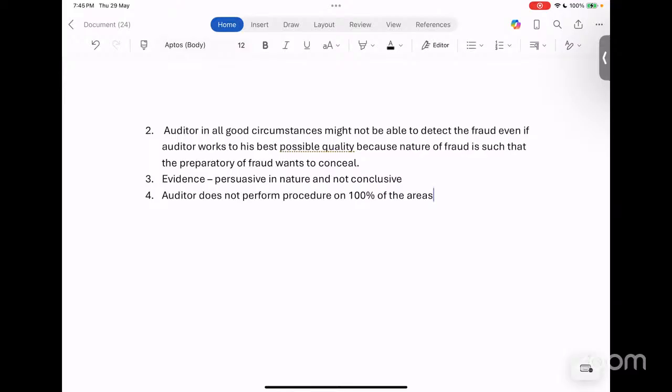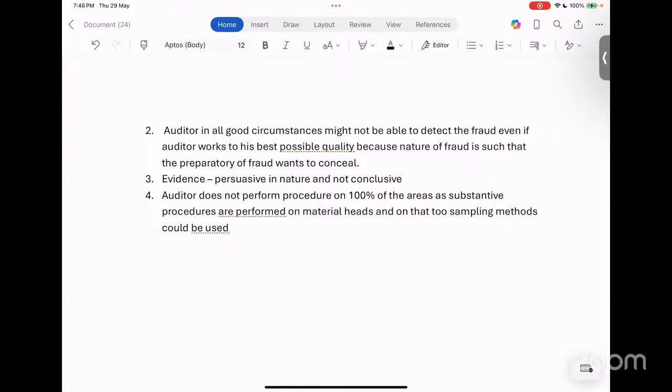Of course, it's done on a sampling basis, as substantive testing or substantive procedures are performed on material heads, and on that too, sampling methods could be used, which suggests that detecting fraud is very challenging for the auditor, right? Because he's not even doing work on all the transactions, he's just doing it on a sample basis. So we are just telling how it's very difficult for the auditor to detect fraud.